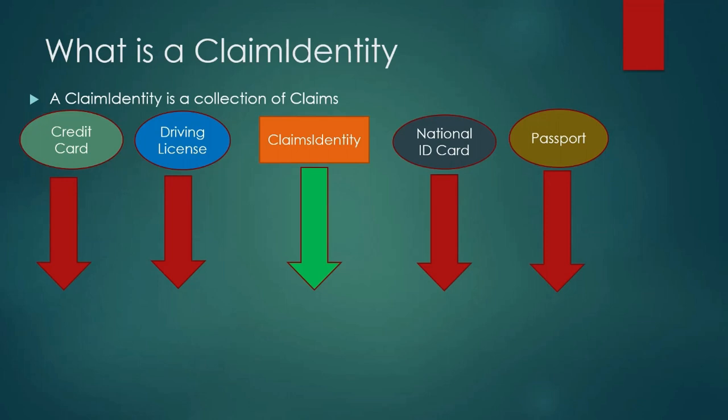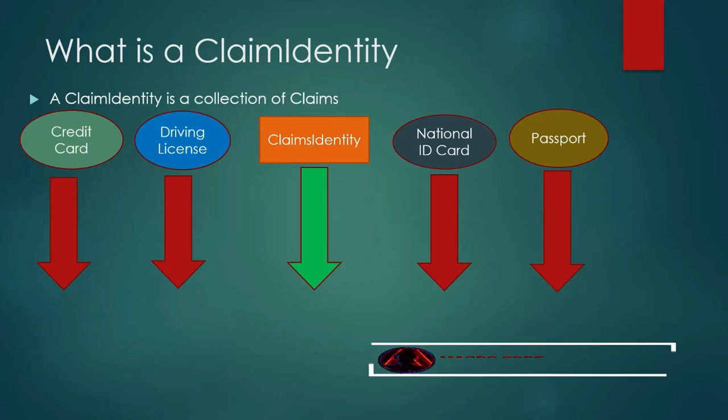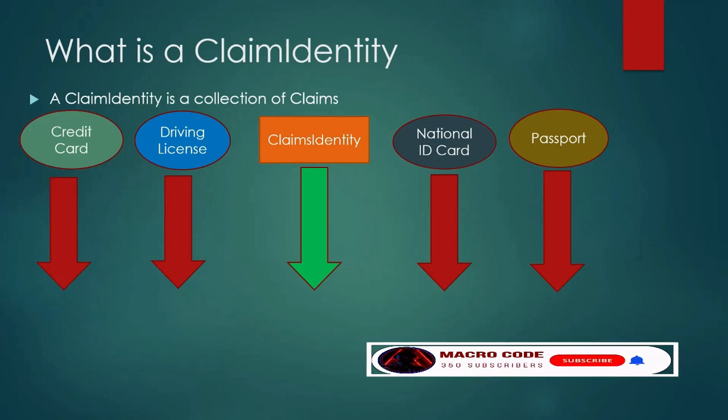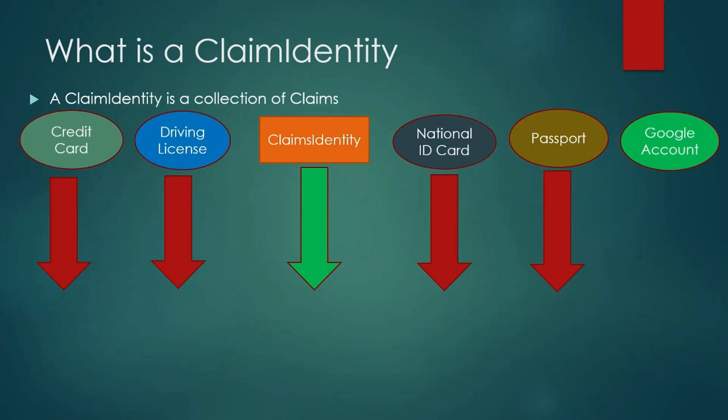So all these are examples of claims identity, and all of them have information about a user. Another claims identity type is your Google account. Somebody can get your email address, your first name, and your last name. Those are claims. So the Google account is a claims identity, meaning it is a collection of claims.